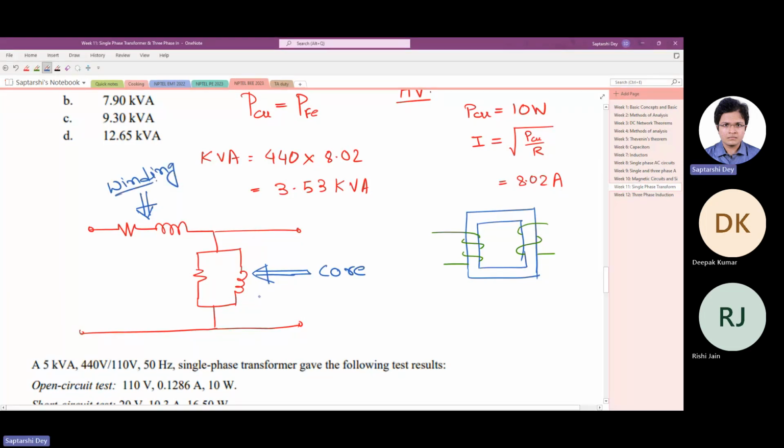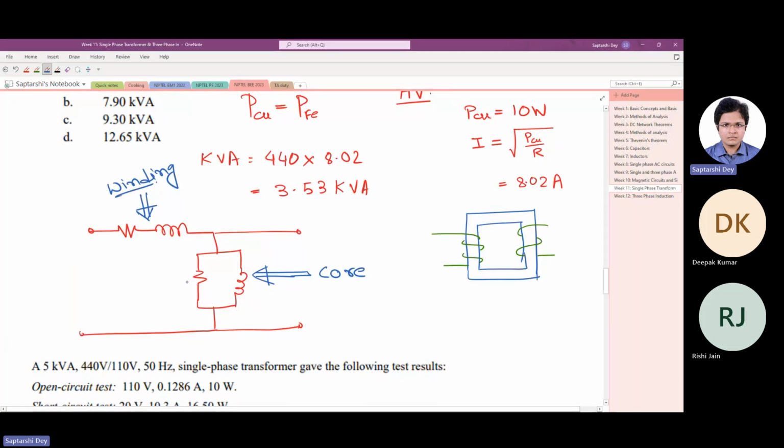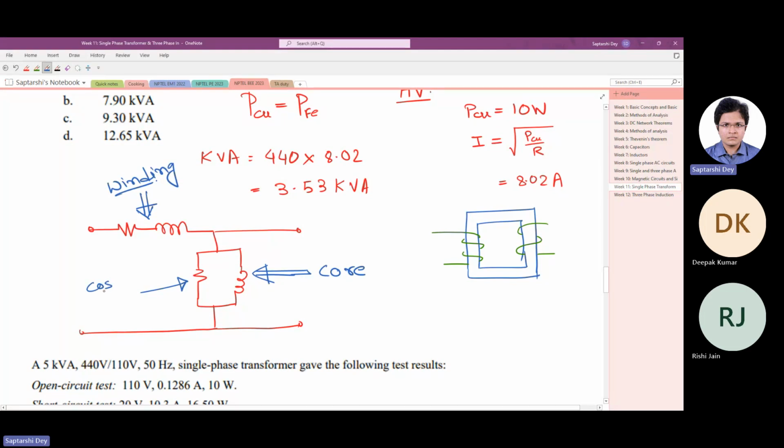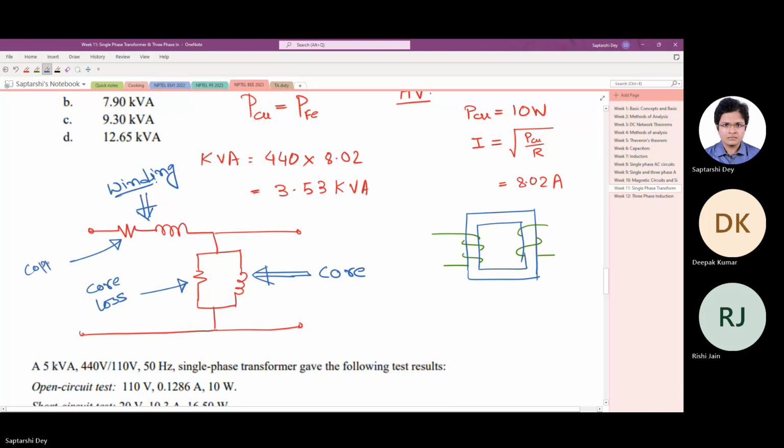The loss happening in the parallel branch gives you the core loss, and the loss happening here gives you the copper loss in the winding.